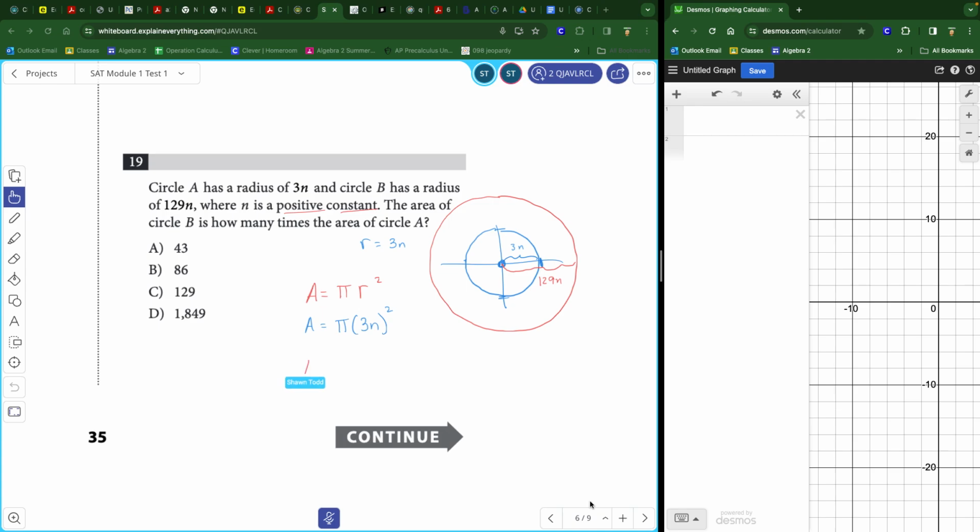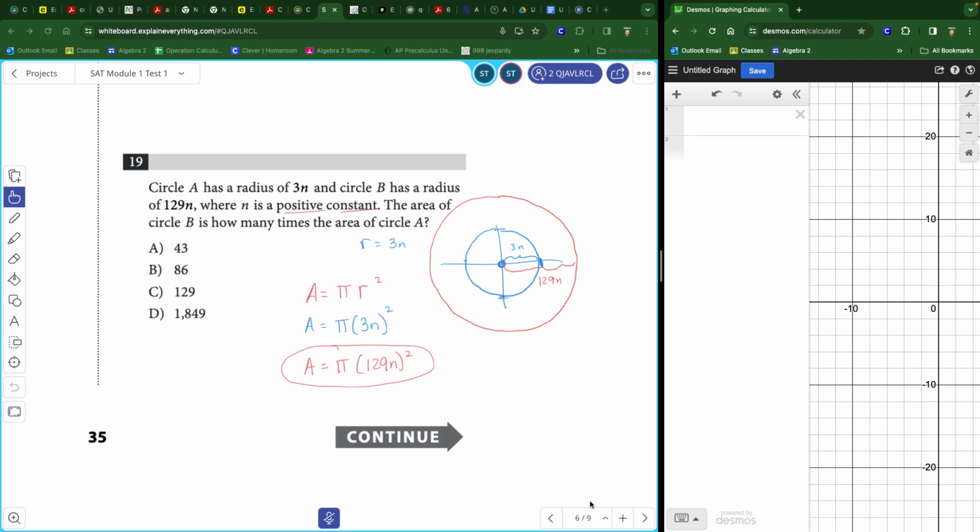And the second circle, area equals pi times its radius, 129n, squared. And they want to know how many times bigger this one is. So what we want to do is take the small one and divide it into the big one and figure out how many times it goes in there.